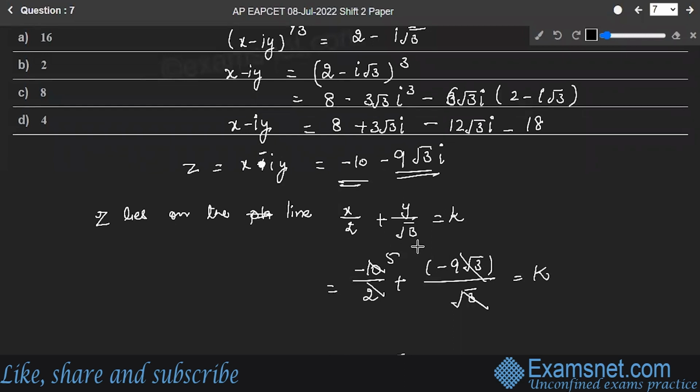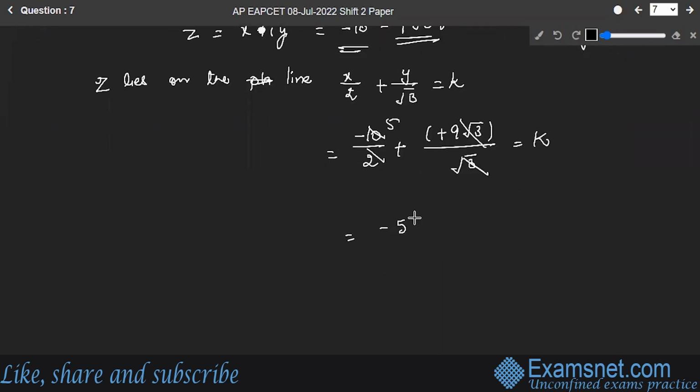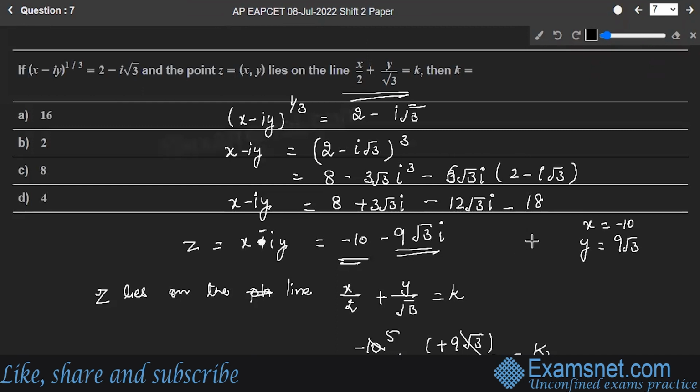This was minus, so y is actually 9 root 3 and x is minus 10. So this is plus. Correct? This will give me minus 5 plus 9 is equal to k. That means k is equal to 4. So this is our answer to the question. Option D is the correct answer to the question.